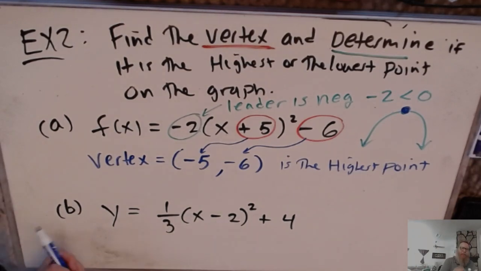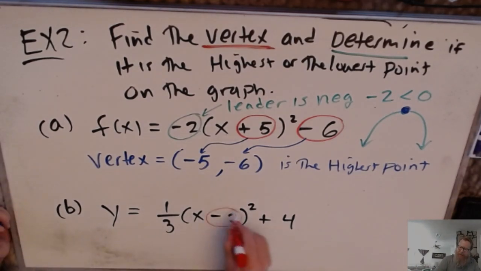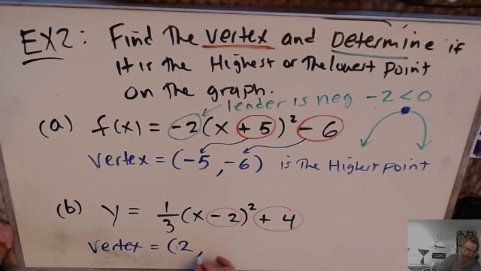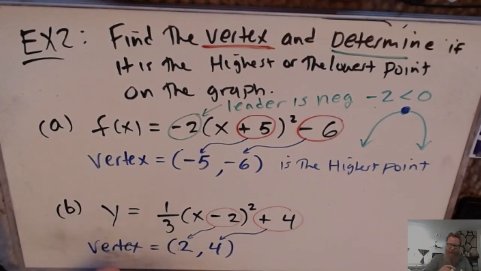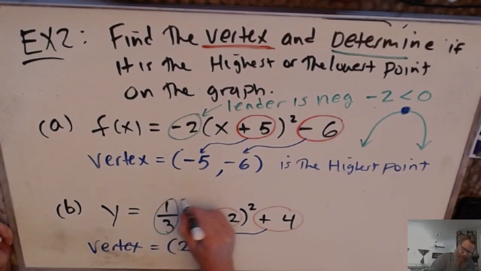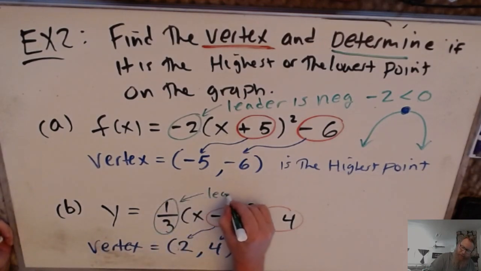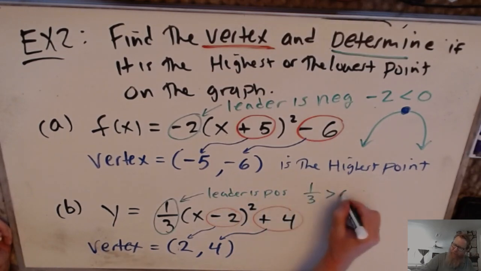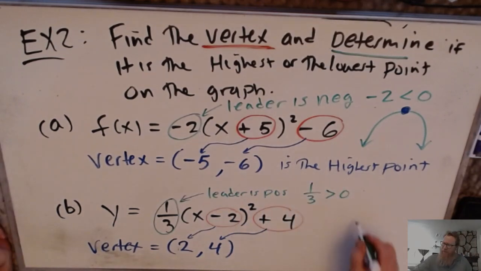How about this one here? We got our vertex. (2, 4). Remember, opposite of -2 and exactly 4. Now look at the leader. Leader is positive. It's greater than 0.